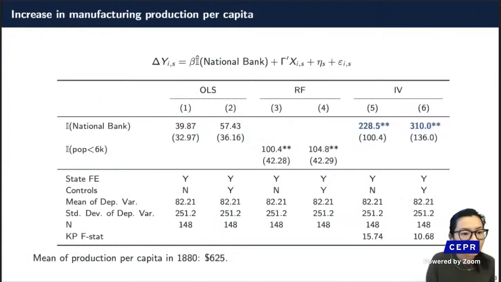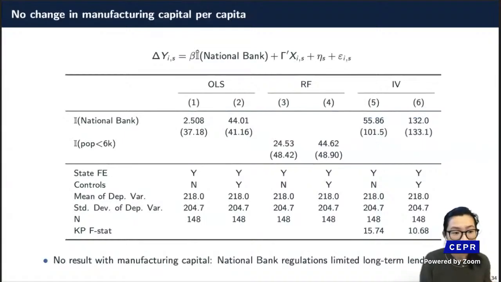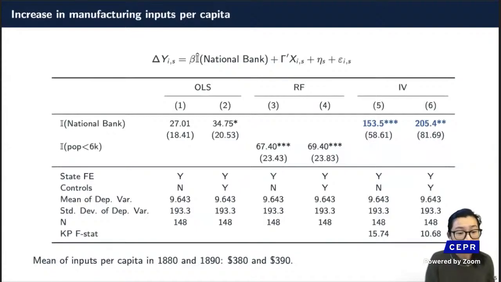Okay. And then finally, in terms of manufacturing output, we see a large increase in overall production. But this doesn't come from a change in manufacturing capital, but rather from the inputs per capita.